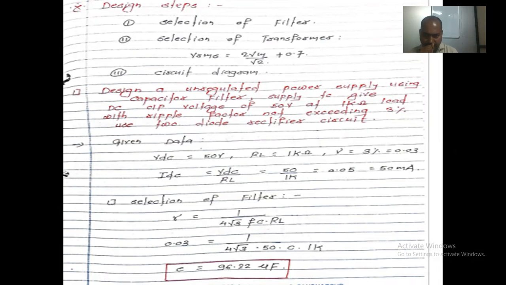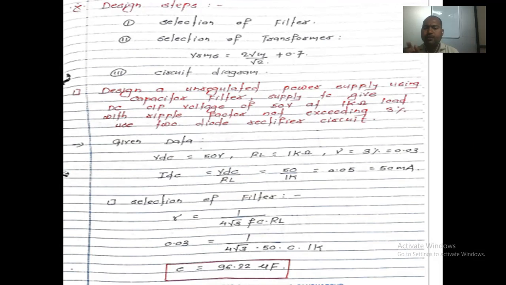50 divided by 1k. Is it right? You calculated 50 divided by 1k directly, and your answer is 50 into 10 raised to minus 3. Is it correct? Yes, sir.